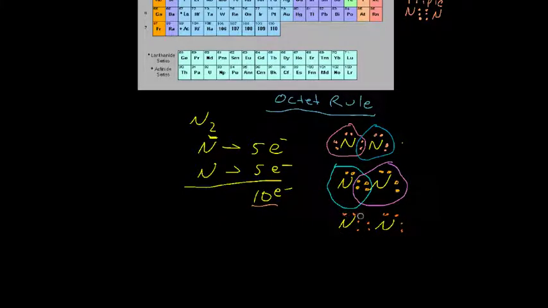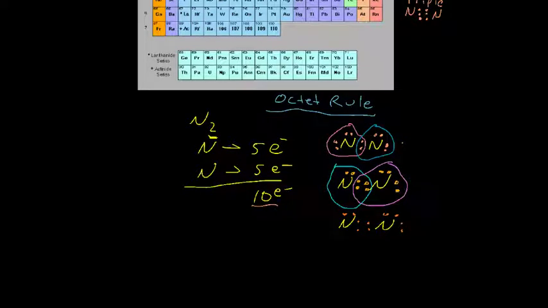It wouldn't really make sense for me to take these 2 over on this nitrogen because it's lacking 2 electrons to fulfill its octet. So I want to add to it, not take away. So I want to take these 2 electrons and put them right here and right here to make an octet. So all I'm going to do is move these right here.